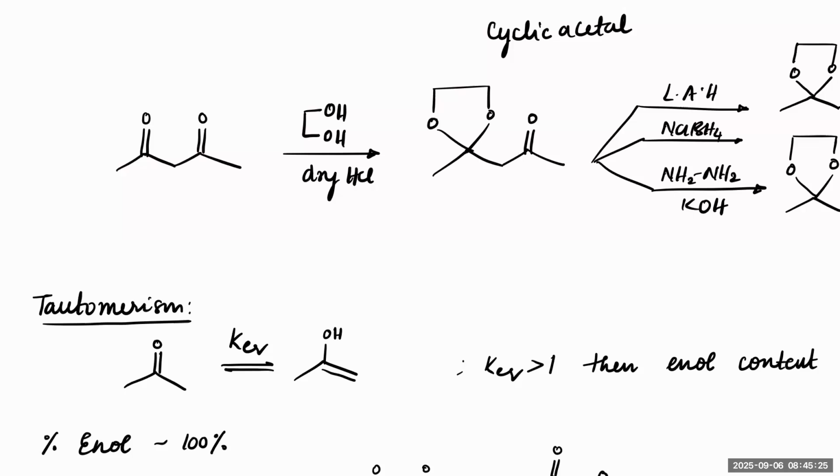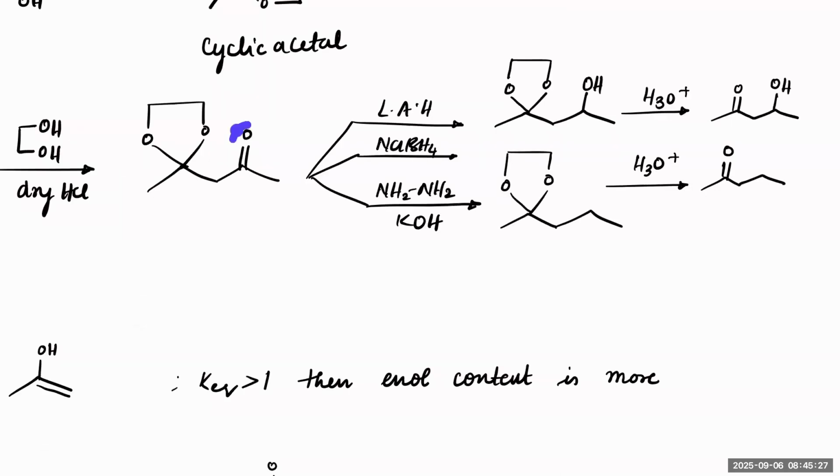Now the other double bond left open can be reduced by lithium aluminum hydride or sodium borohydride. These two will reduce the keto form into alcohol, converting it into the keto alcohol form. And then when you do hydrolysis, this group will go away and you'll get the double bond O.